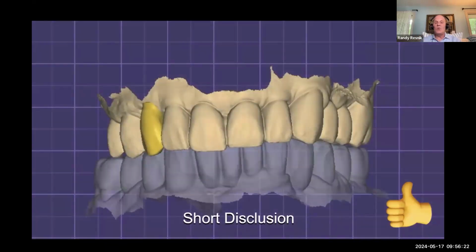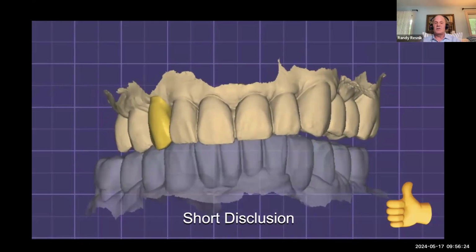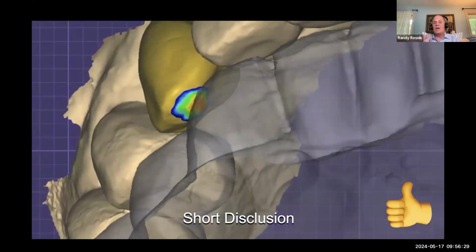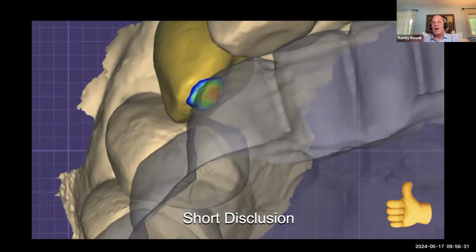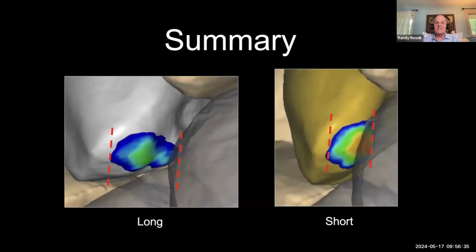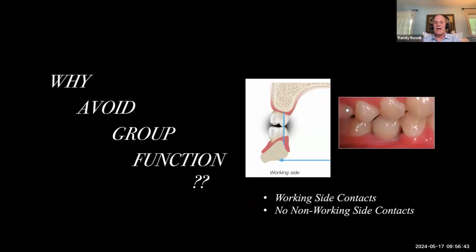So ideally, what you want is a very short disclusion where it ramps off of that cuspid, very short period of time, and is able to disclude those posterior teeth. So in summary, a long disclusion results in more force being placed on the implant in the bone, whereas a short one does not.